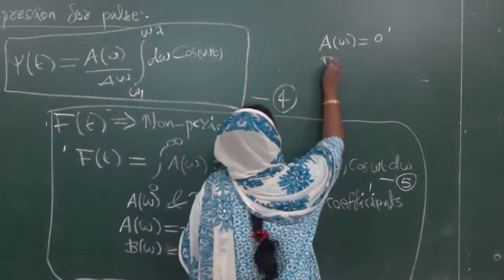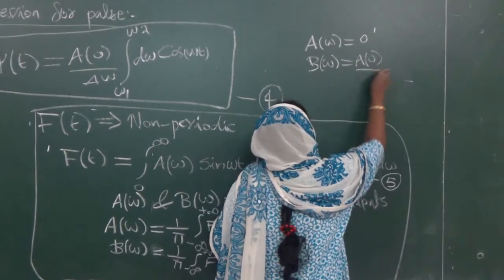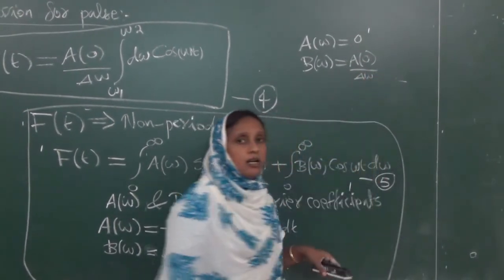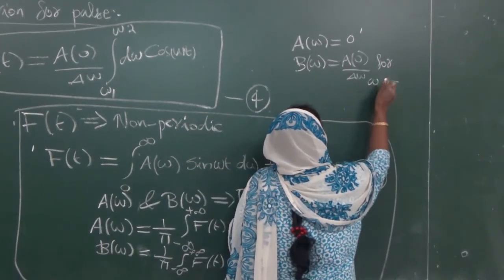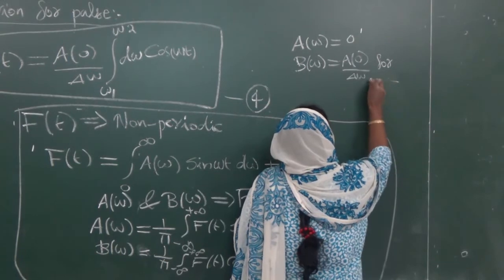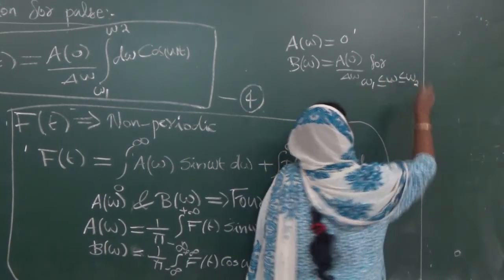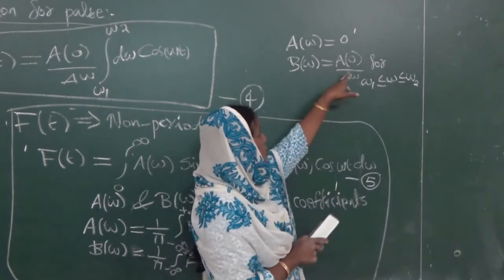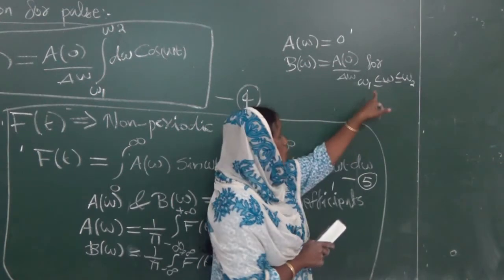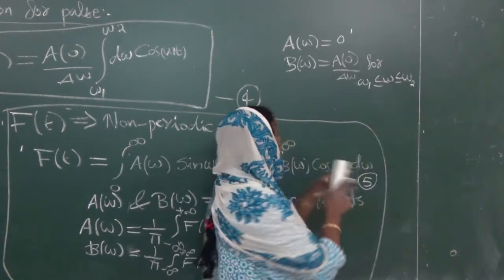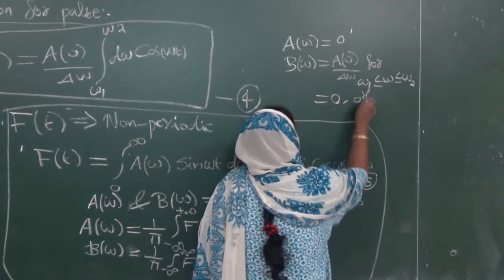B of omega equals A of 0 by delta omega for omega lying between omega 1 and omega 2, and 0 otherwise.